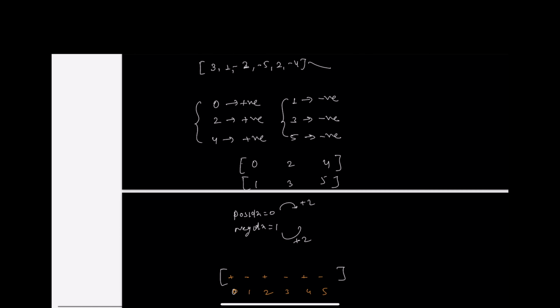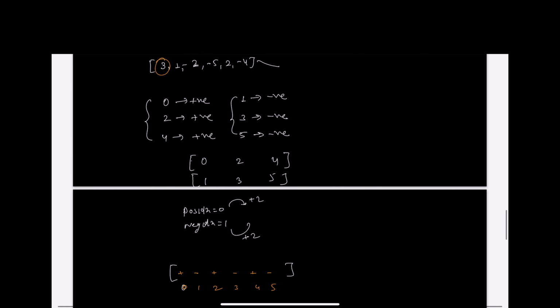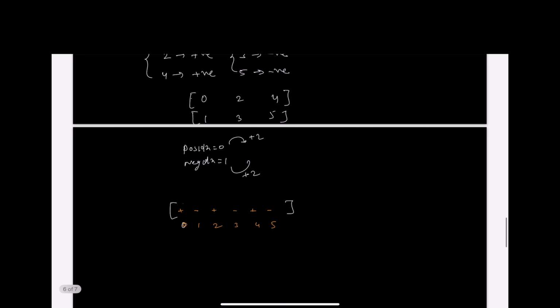Now iterate. What we got first, a positive value, we insert at index 0. Now our positive index becomes 0 plus 2, so that is 2 here. Now comes again a positive element, now we insert it here. Now we got a negative element.